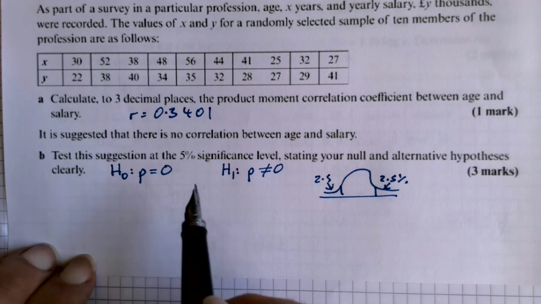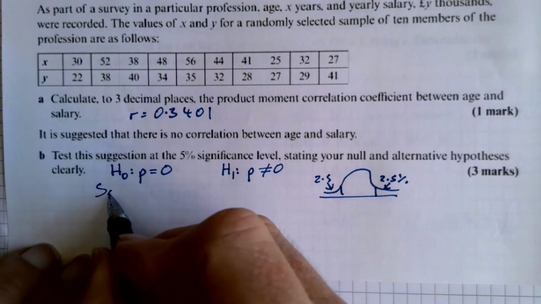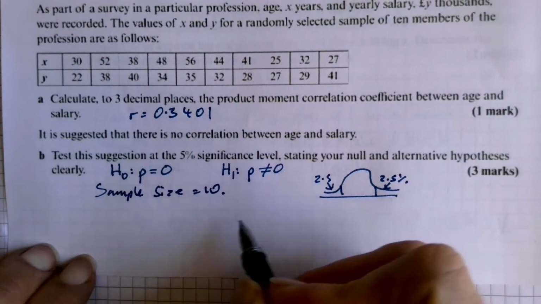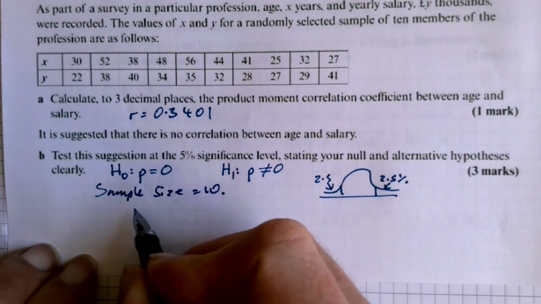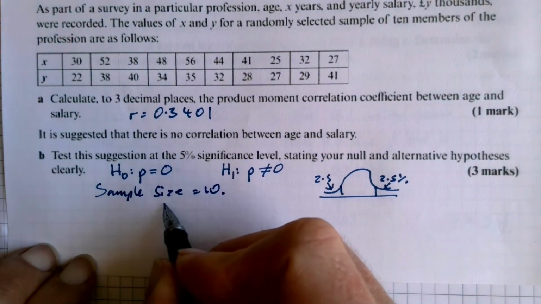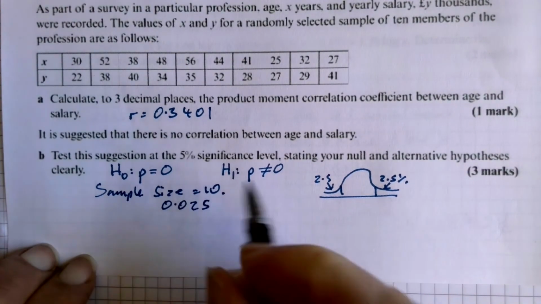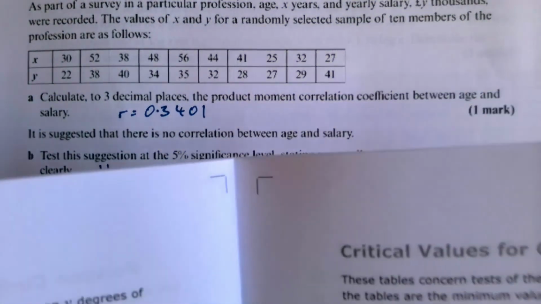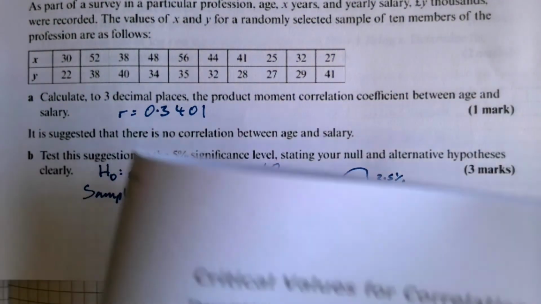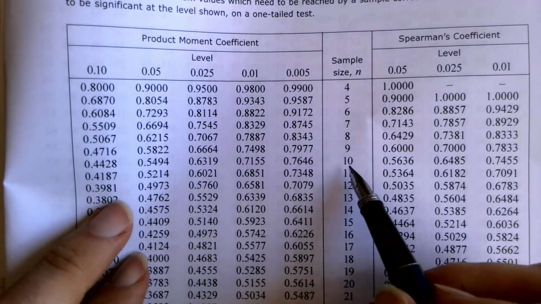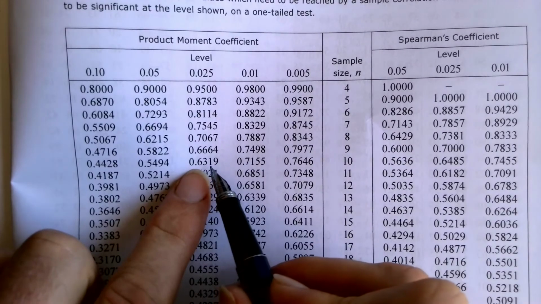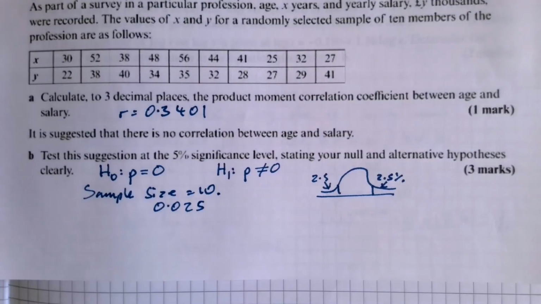What else do we need to know? We need to know the sample size, and that is 10, and then 2.5%, we're looking at 0.025, aren't we? So remembering it's page 37 in the mathematical formula and statistical tables, and you're going for sample size 10 at 0.025, which is 0.6319.